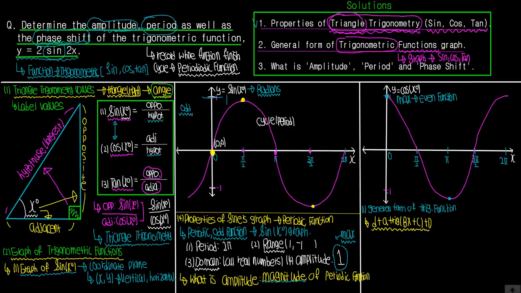Firstly, we need to think about what the amplitude is. What is the formula for solving for the amplitude? Again, the amplitude is the magnitude of our periodic function. The formula for solving for our amplitude will be the absolute value of our a value.